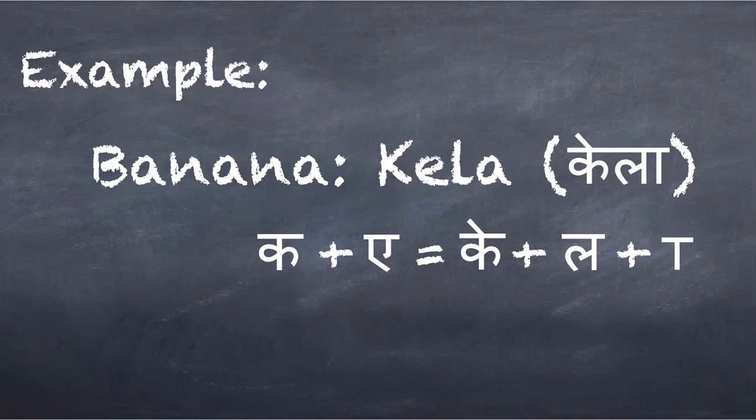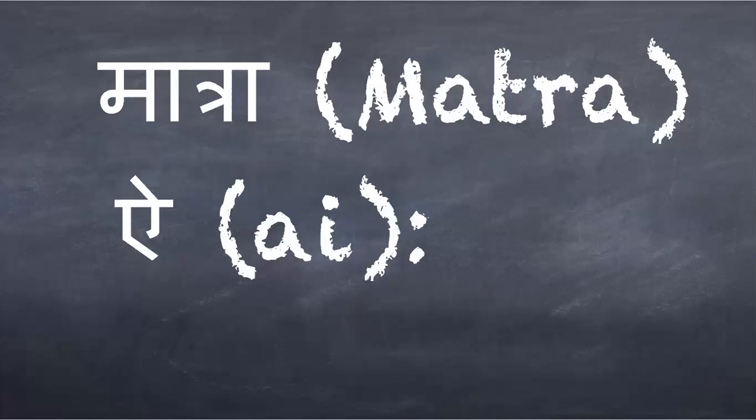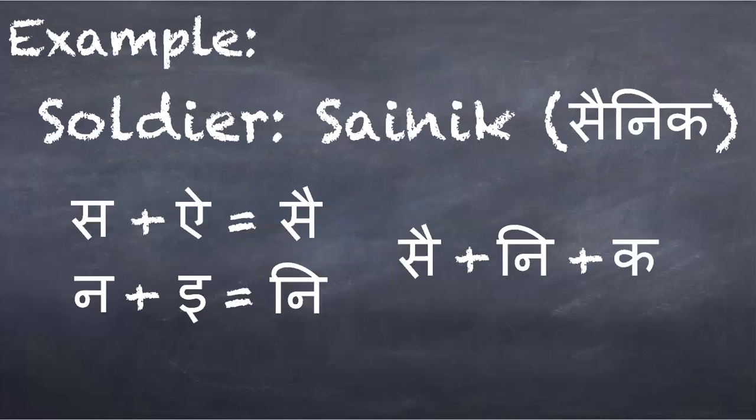Let's get to Swar A. Now, swar A is represented as this matra. For example, soldier. Soldier in Hindi is sainik. Now, the sa sound is made by taking swar A and vyanjan sa, and together it will make sa.